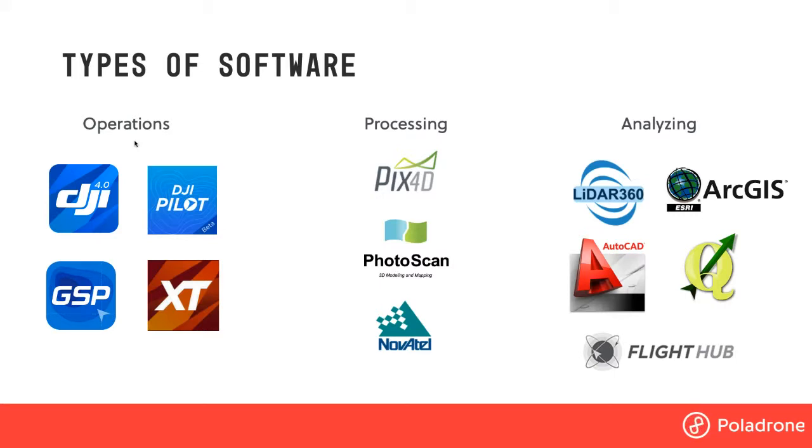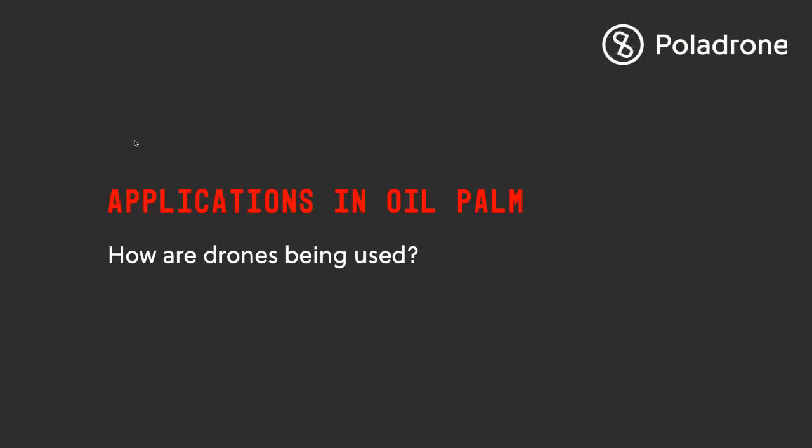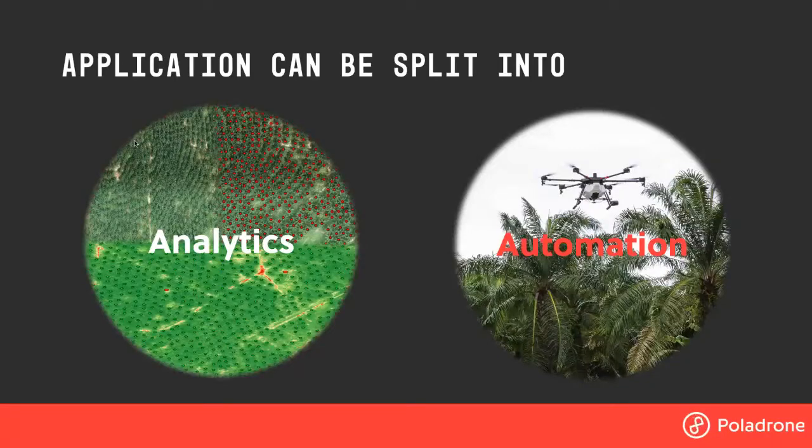Next slide. After talking about the basic idea of how drones are operated and how data is processed and analyzed, today we're going to cover how drones can transform agriculture and the plantation industry. In applications of drones in oil palm, there are two main functions.